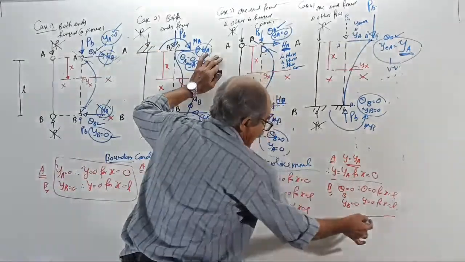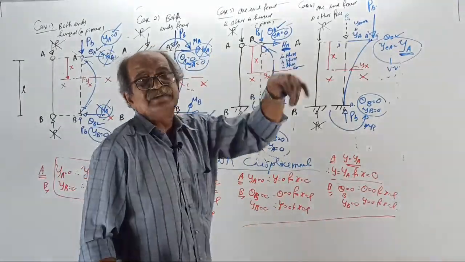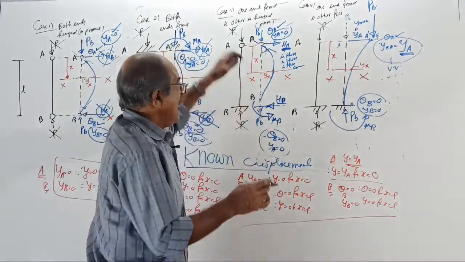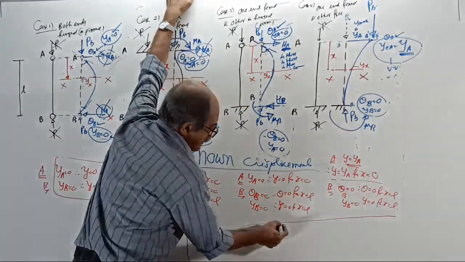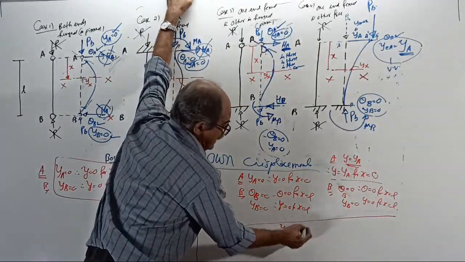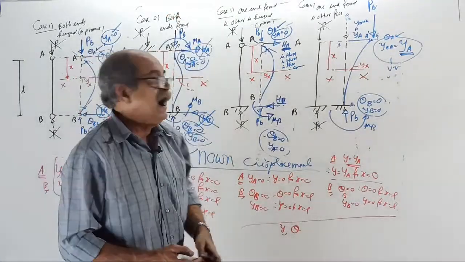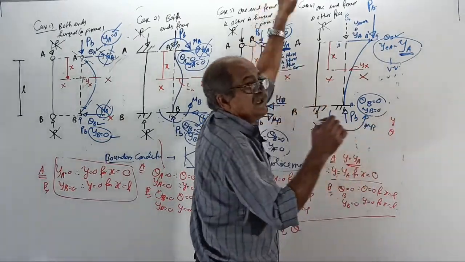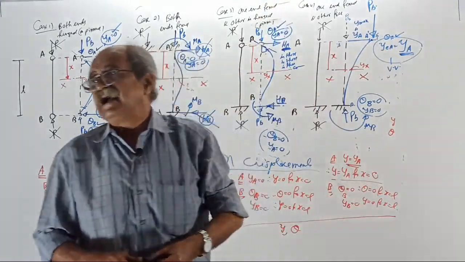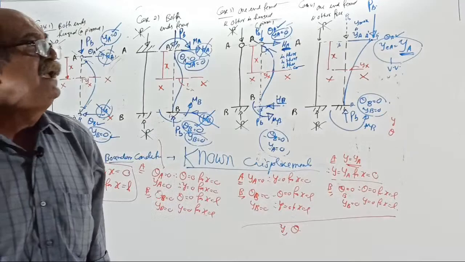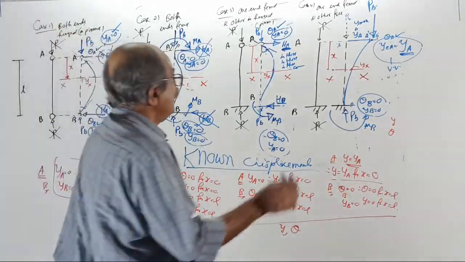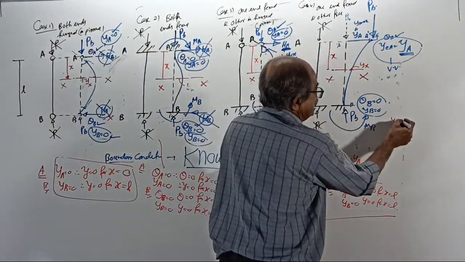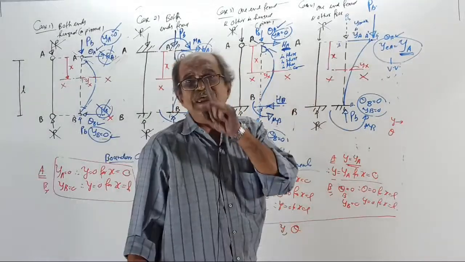Make a note. When I apply the differential equation, at any point, I first consider Y, then consider theta, because theta comes only after Y. Your first equation is Y, so I will use the Y condition first.